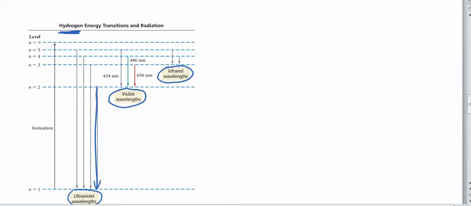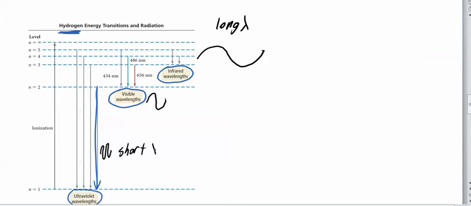So these different waves: infrared is longer wavelength, visible is somewhere in between, and then ultraviolet would be very short wavelengths. So long wavelength, short wavelength is kind of the difference there. If it's longer wavelength, it's going to be low frequency.